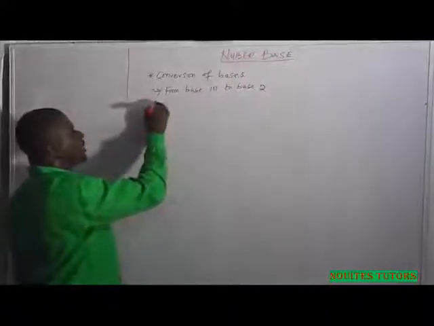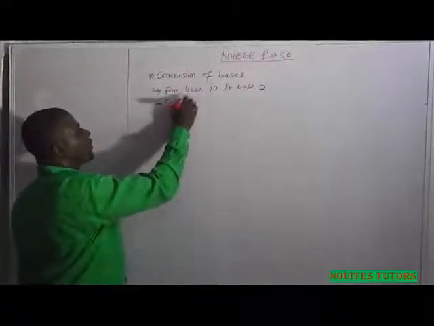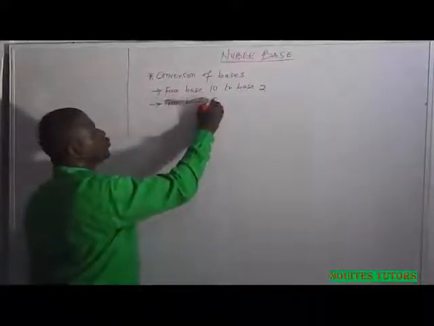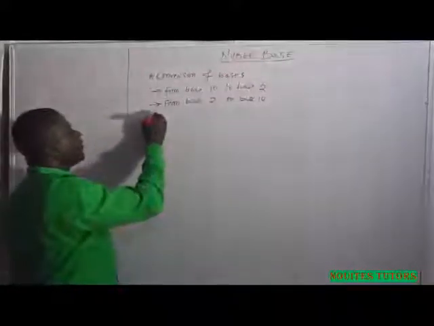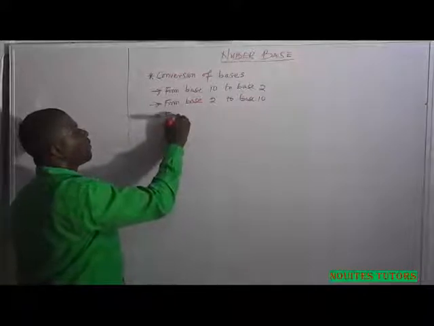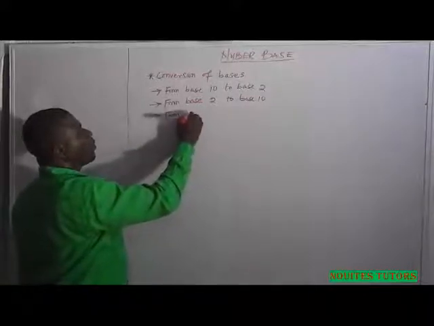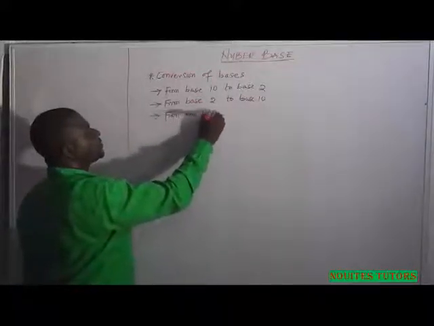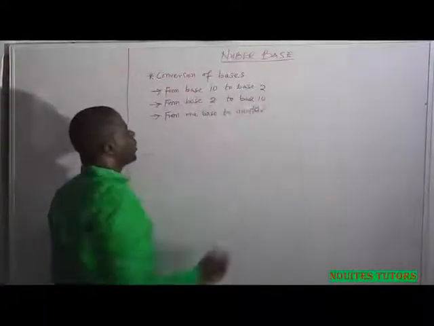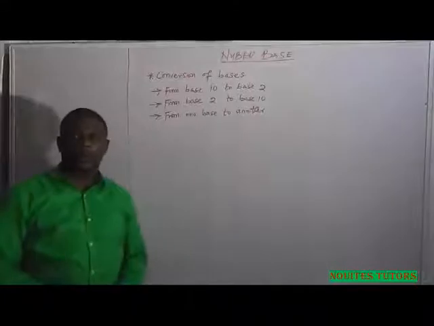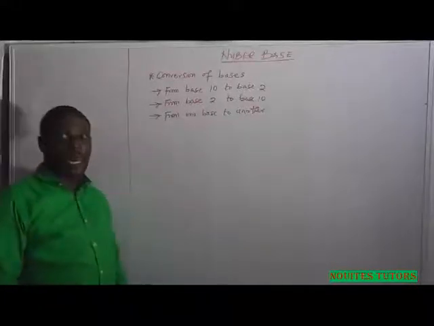We are also looking at conversion from base 2 to base 10. And then we are looking at conversion from one base to another. These are all what we are looking at under conversion of bases.